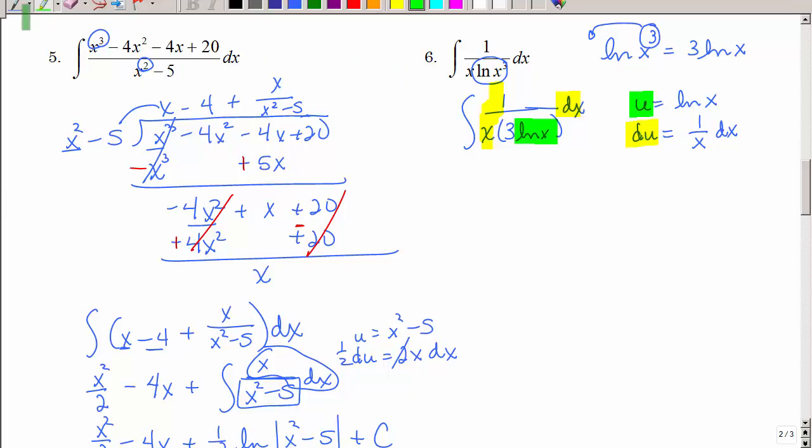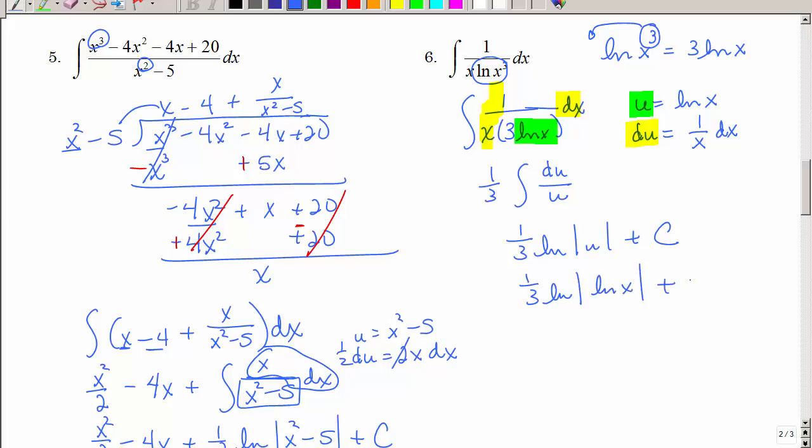So the only thing that's in the way is that 3, and it's just a constant. So really what I have is du over u. Again, integrates as the natural log of the absolute value of u plus c. And what is u? The natural log of x. So yes, I have the natural log of the natural log. Looks weird, but that is correct.